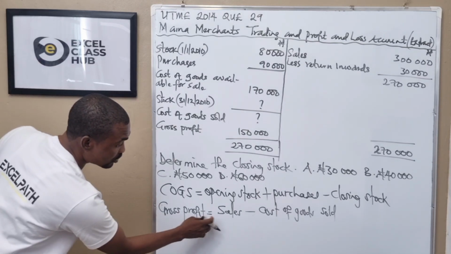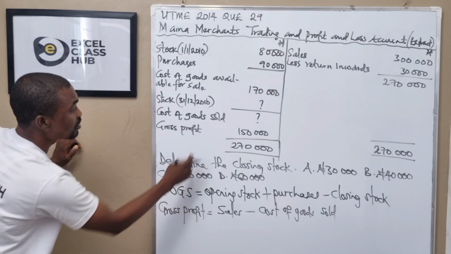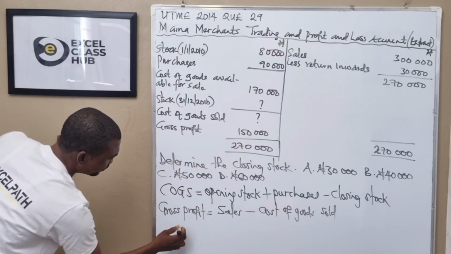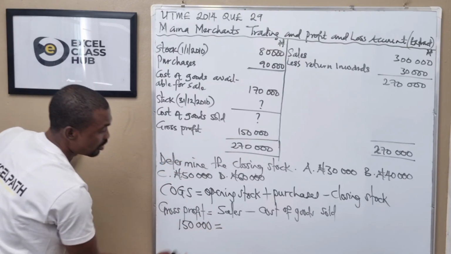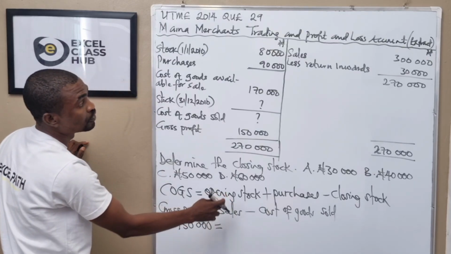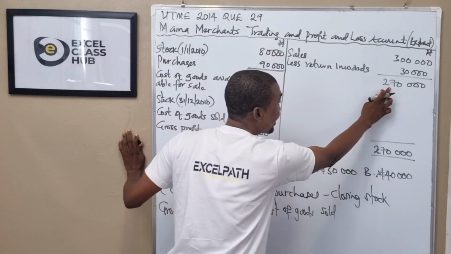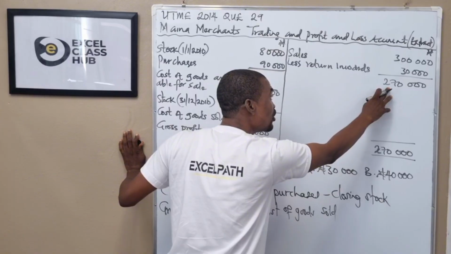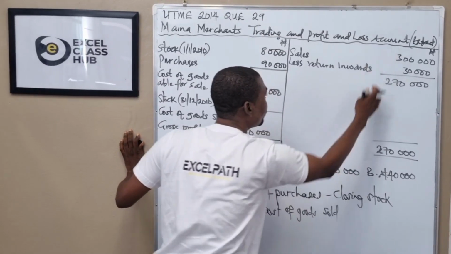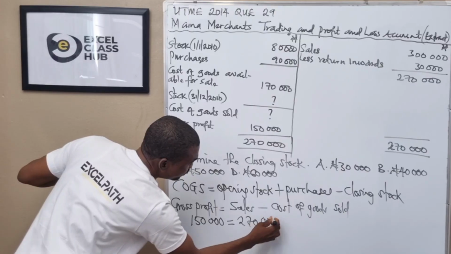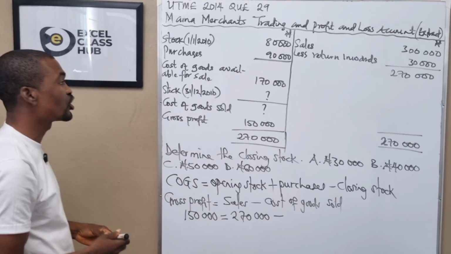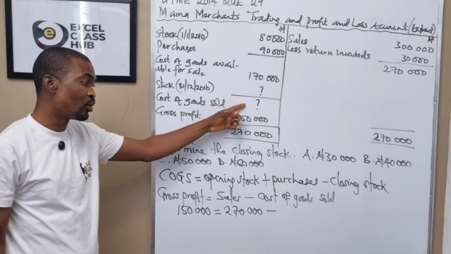Gross profit 150,000 equals sales. We are also given the sales figure to be 270,000. Please take note, you have to use this figure for net sales, not this one. So that is sales, which is 270,000 minus cost of goods sold, which we're not given.